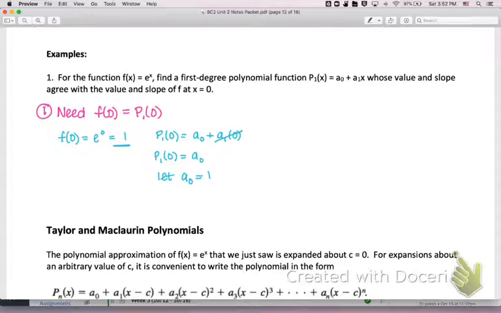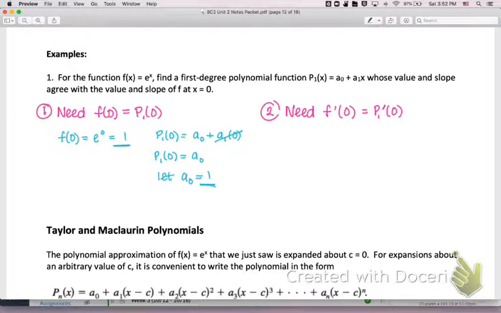That's how we're going to get f of 0 and the value of p1 of 0 to be the same, okay? Now, the second thing that we need is we need for their slope to match. So that means that we need f prime of 0 to also equal p1 prime of 0.